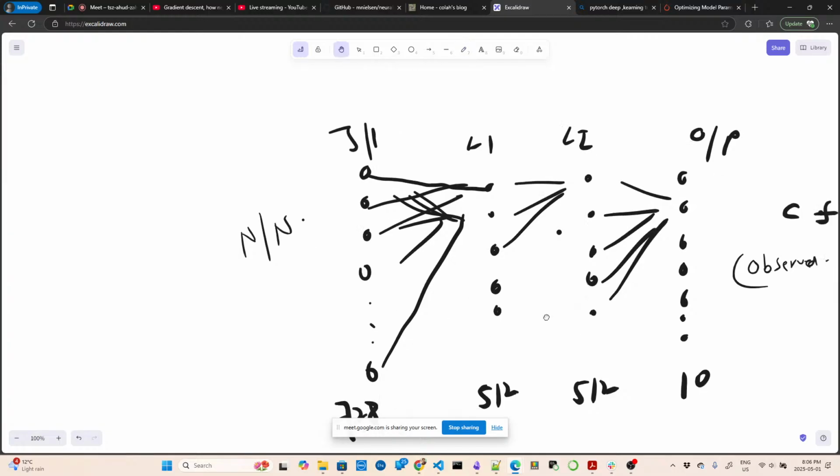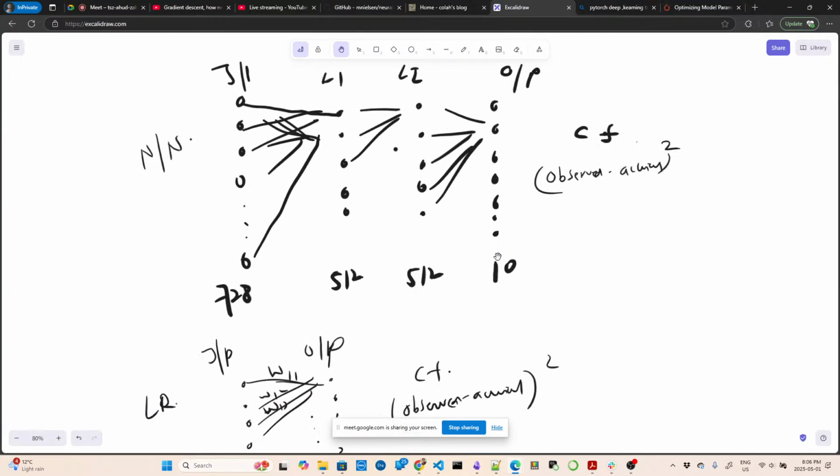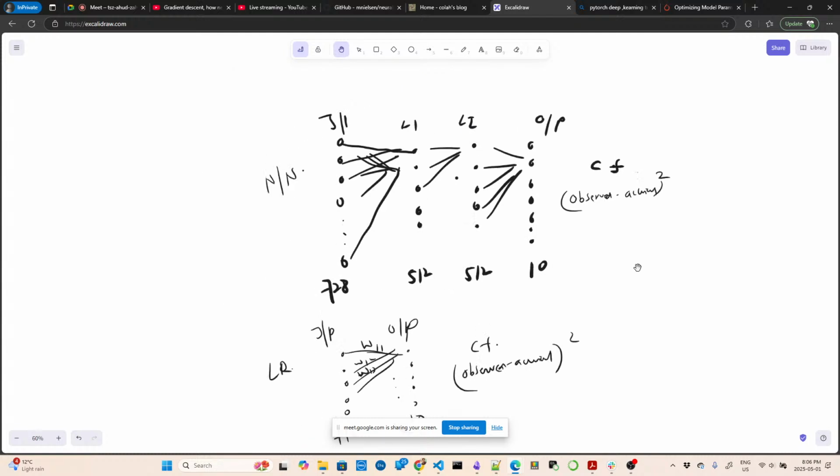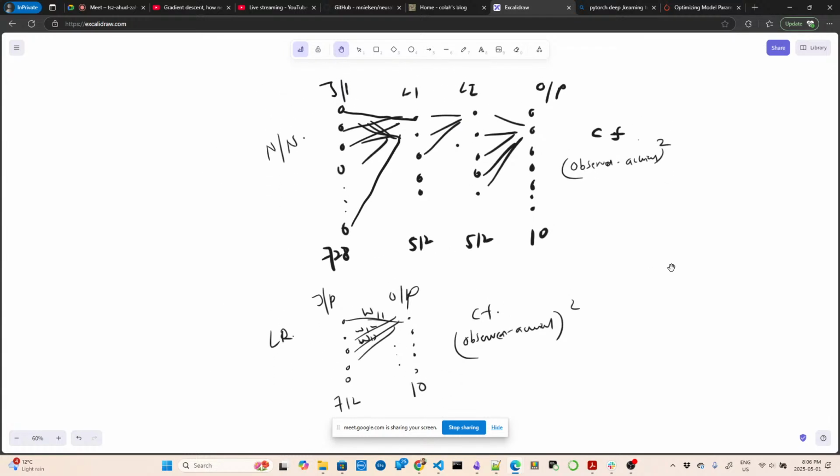You can't have a network which will have 100%. It will always be less than 1, and all the other numbers will have some very low non-zero number. It's very unlikely that they'll be absolutely zero.